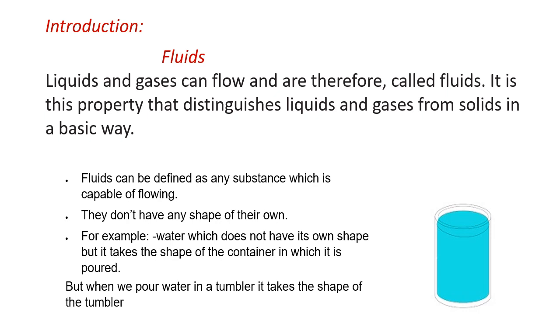A fluid can withstand a force in a direction perpendicular to the surface. So, a fluid does have a bulk modulus. As shown in the diagram, when we pour water in a tumbler, it takes the shape of the tumbler.